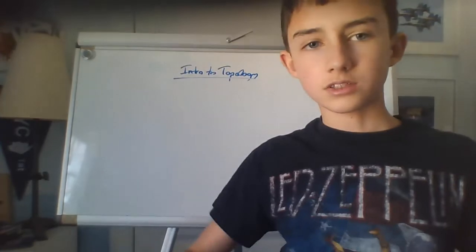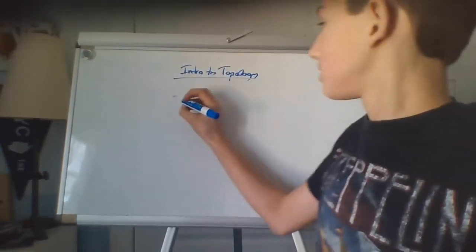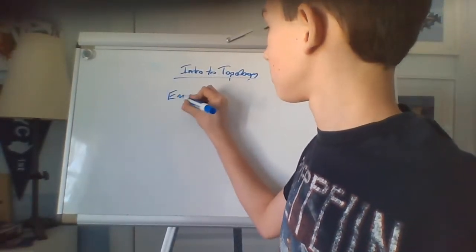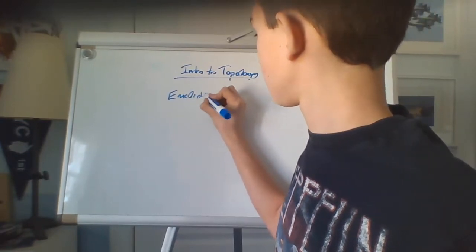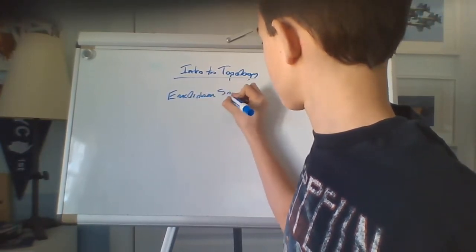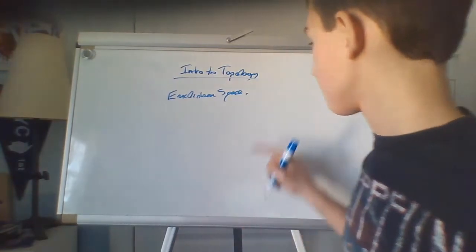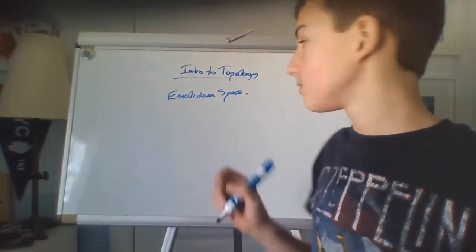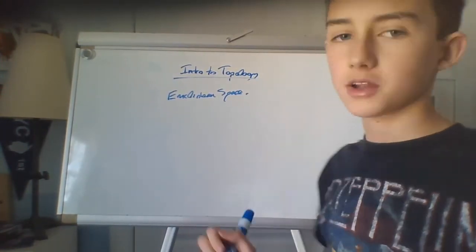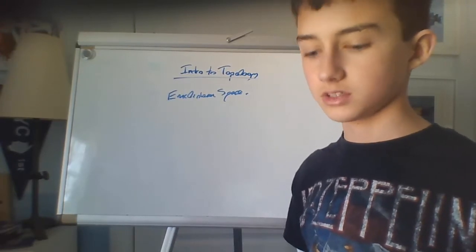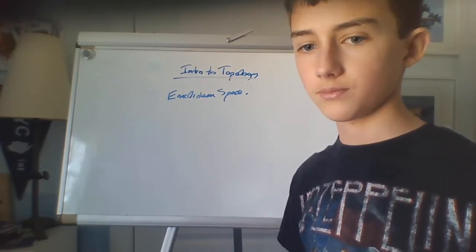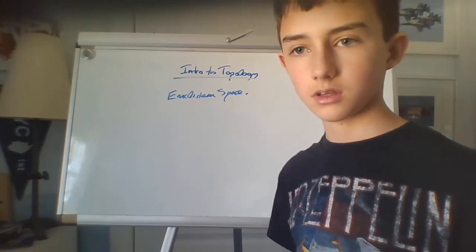Now, as a last thought, let us consider Euclidean space. Okay, so first of all, it's a topological space because it has a topology induced by the Euclidean metric.